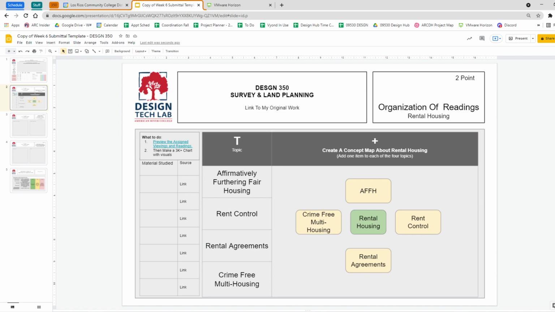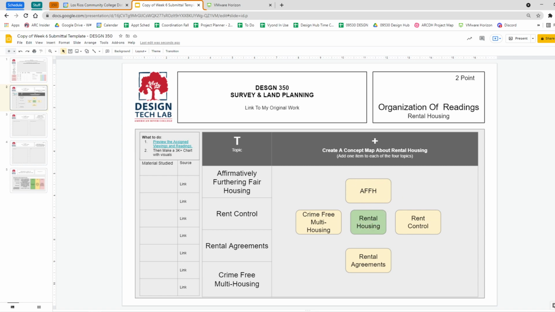Okay, just put one thing that you've figured out or read or found out about. Then when we do our synthesis, you'll tie those into one statement about rental housing that is kind of supporting or supported by all of these.